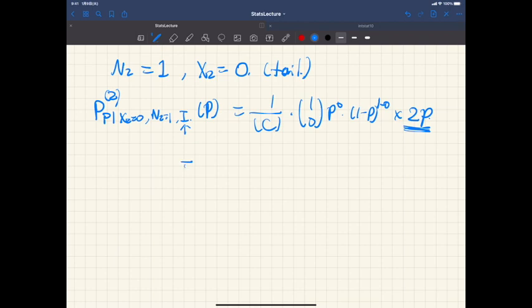If you calculate this, you have a beta function with parameters 2 and 2, with p and 1 minus p. So this is the second stage posterior probability density function. Now we can use this density as the prior distribution for the next experiment.